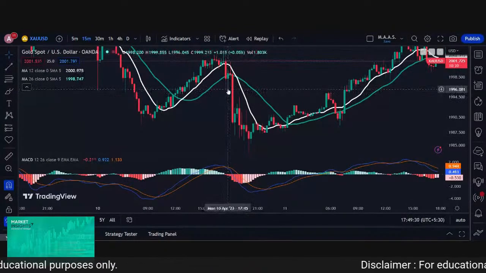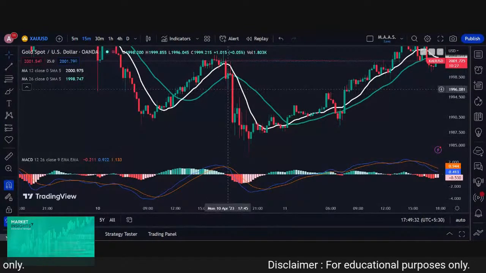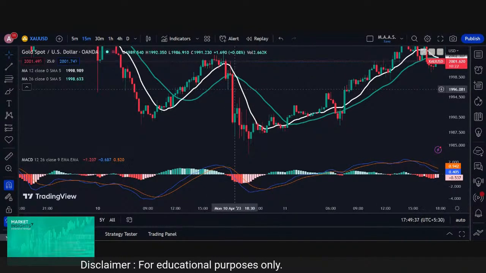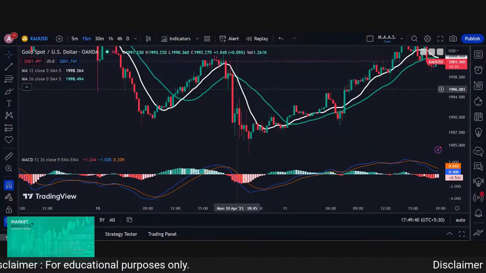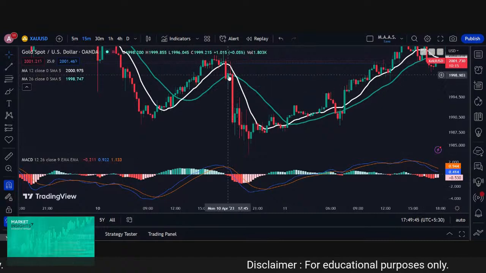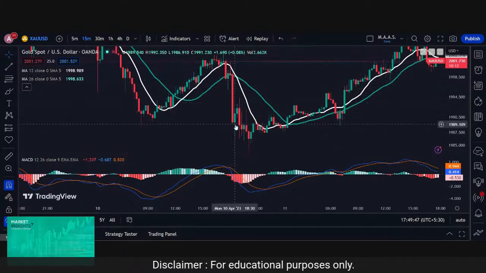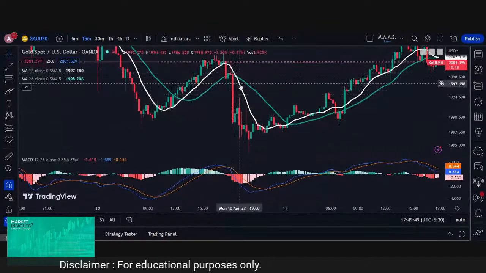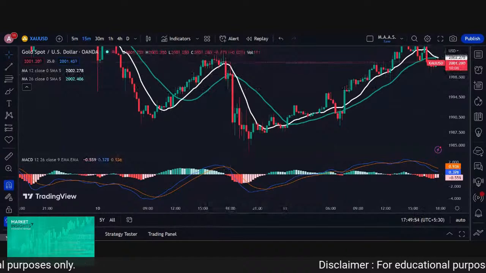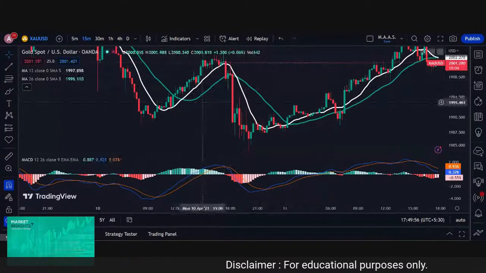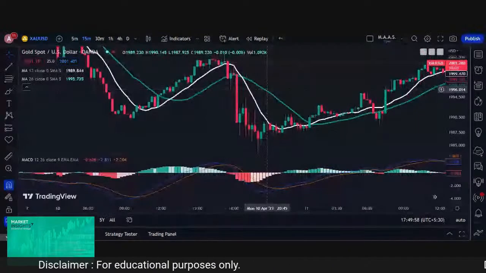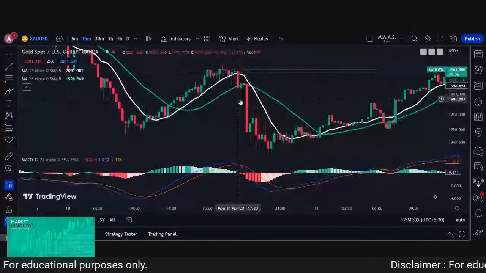So let's say MACD is giving us a signal here for a bearish movement, at this candle. But the moving averages are lagging behind by three or four candles, and the majority of the movement is captured in this candle. That is a troublesome thing for us, especially those who are day trading. They need to know things as soon as possible, right? So time is of the essence, and MACD is giving us that time to take better decisions, right?